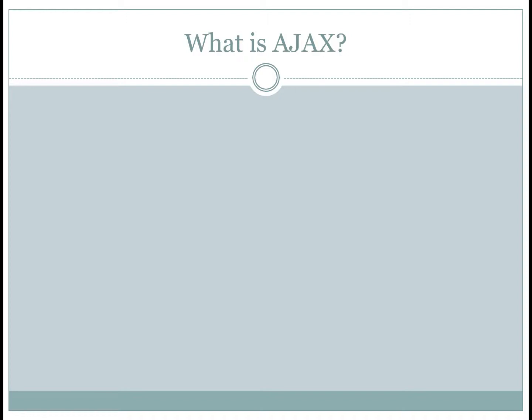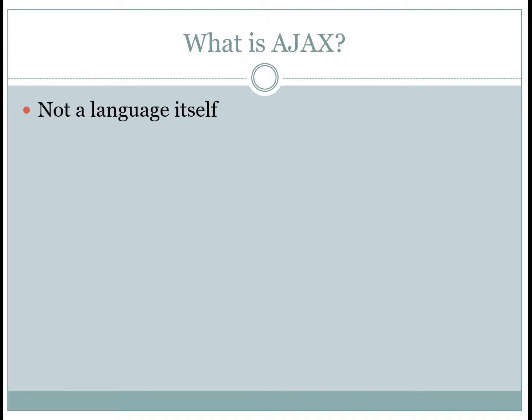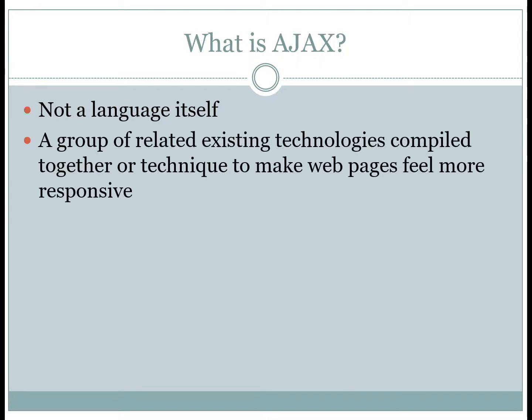Okay, the second question, what is AJAX? AJAX is not a language itself. AJAX is not a programming language or a tool, but a concept. AJAX is a group of related existing technologies combined together, or a technique, to make web pages feel more responsive.